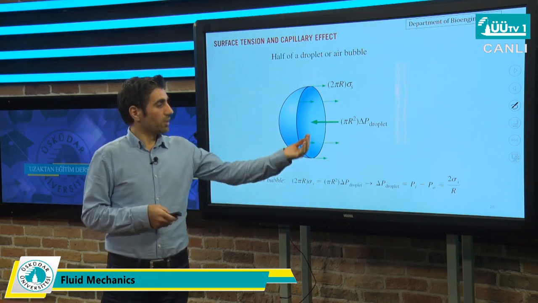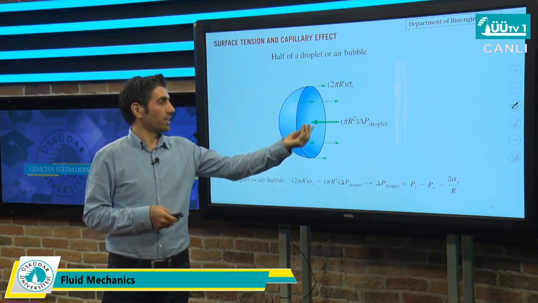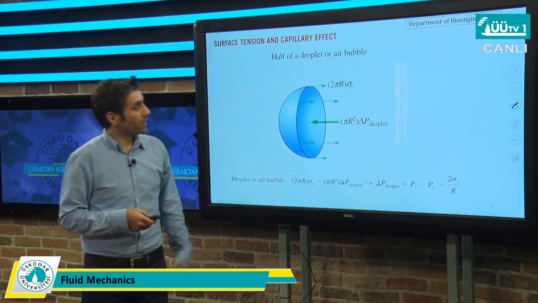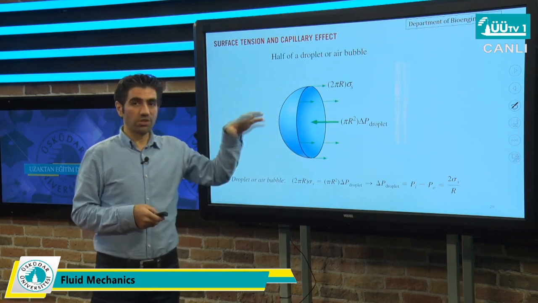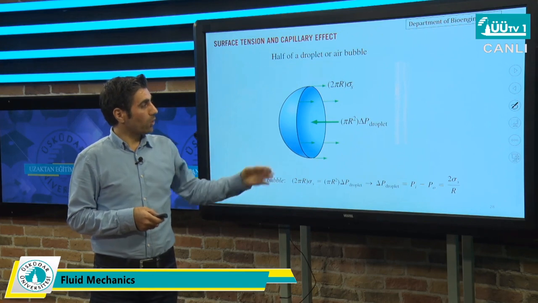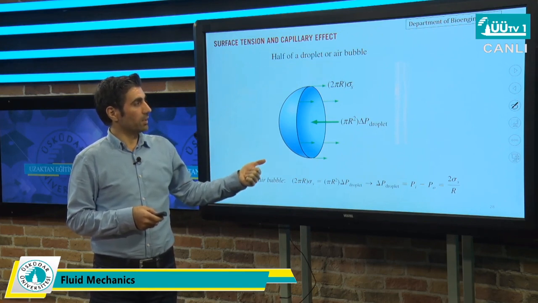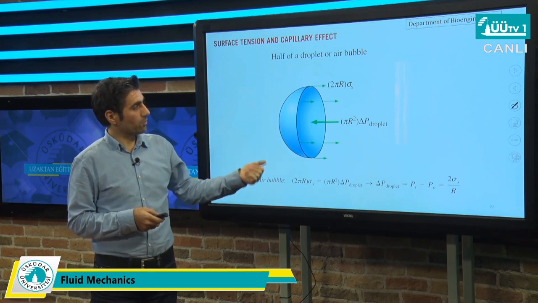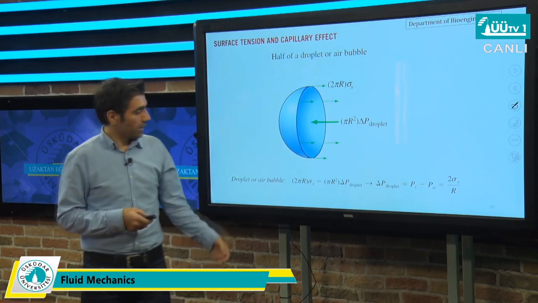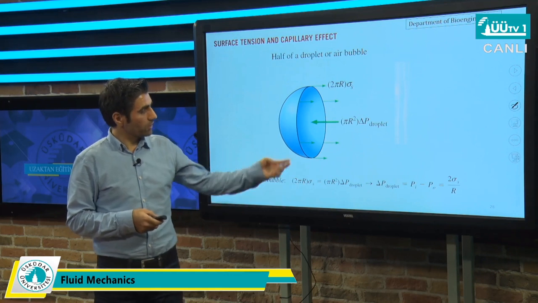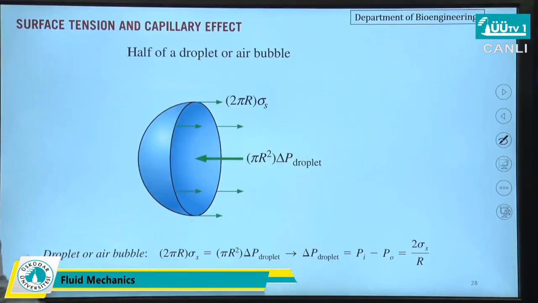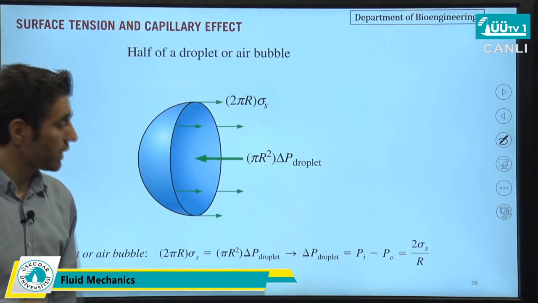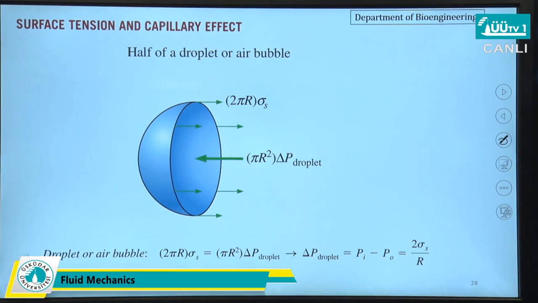This air will cause a pressure force in this direction, and on the perimeter of this bubble there is a surface tension toward the liquid. Okay, so if we write a force balance for this bubble, this is the surface tension, and this is the pressure force inside this bubble. From there we can easily calculate the pressure difference for that bubble or droplet.